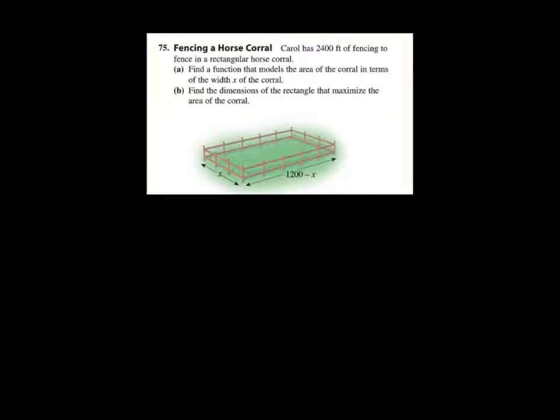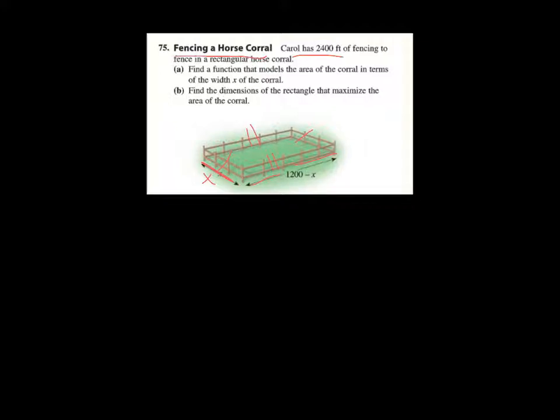Our last example is fairly easy. It's fencing a horse corral, and Carol has 2,400 feet of fencing to fence in a rectangular horse corral. We'll notice that this is going to be x feet wide, and this is going to be 1,200 minus x. If you think about that, you have 2,400 feet of fencing and you're building it around a rectangle, so this distance and this distance are the same, and this distance and this distance are the same.